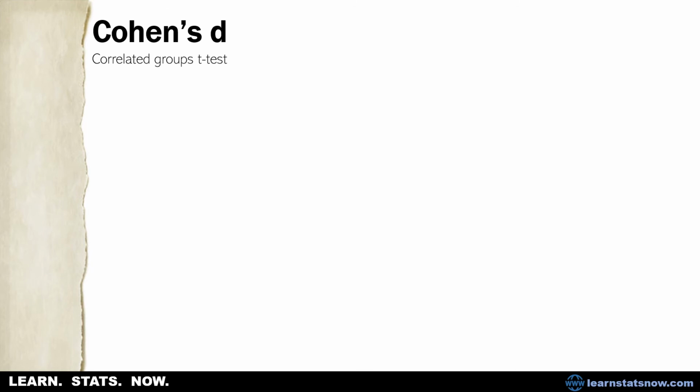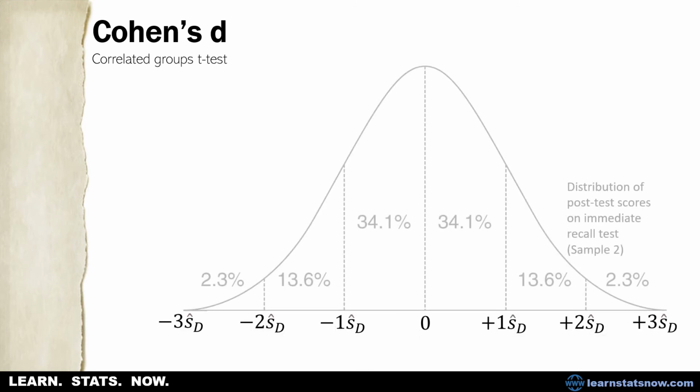Okay, so here's how it will look visually for our correlated groups t-test and Cohen's d. We're going to start with the distribution of the post-test scores on the immediate recall test. So this would be our second sample that we're looking at. And the horizontal axis here is, again, in the estimated population standard deviation units.